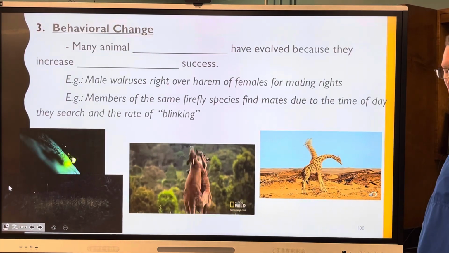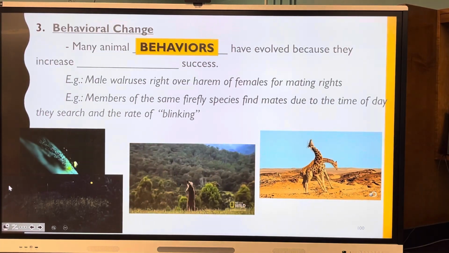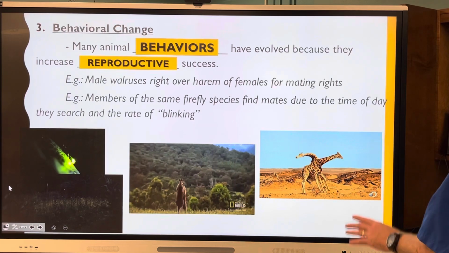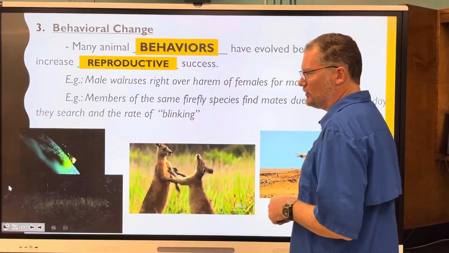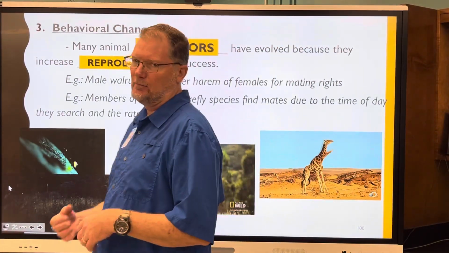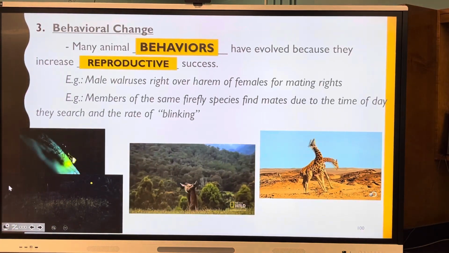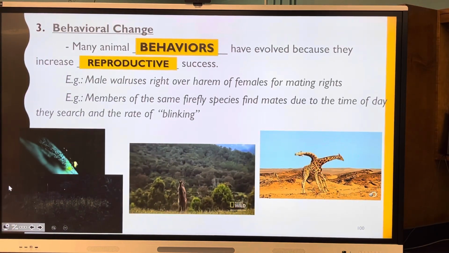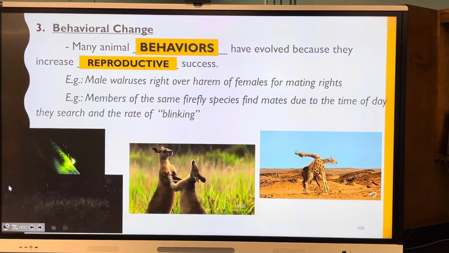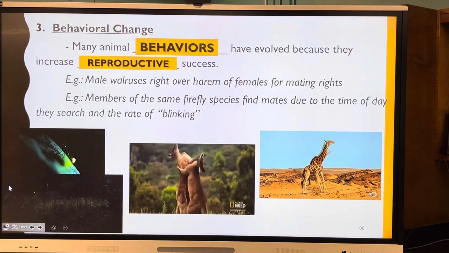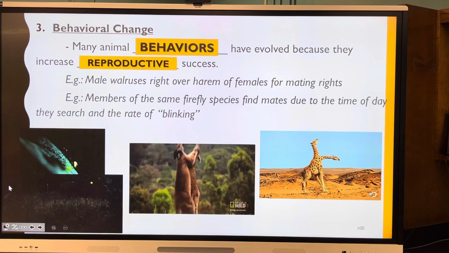Behavioral change. Many animal behaviors have evolved because they increase reproductive success. Again, that's the whole point here, right? To increase that reproductive success so that their genes get passed on to the next generation. They don't know that they're doing this.